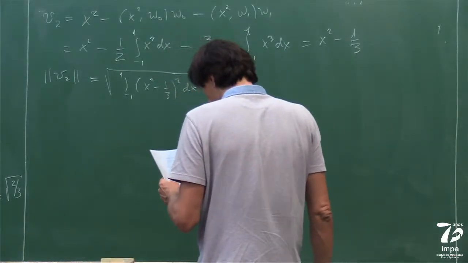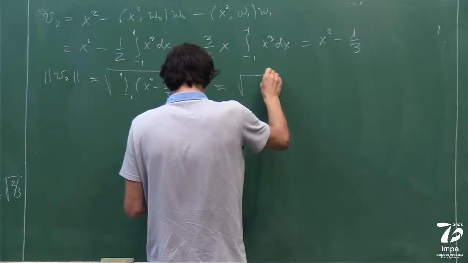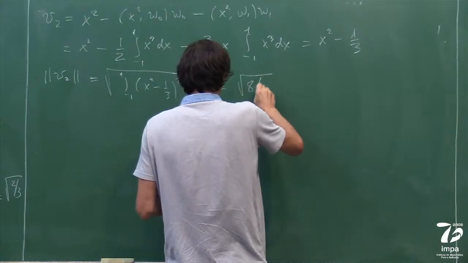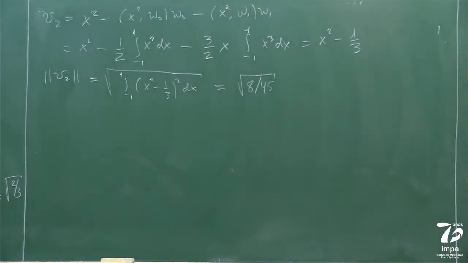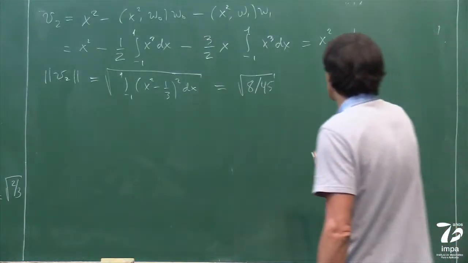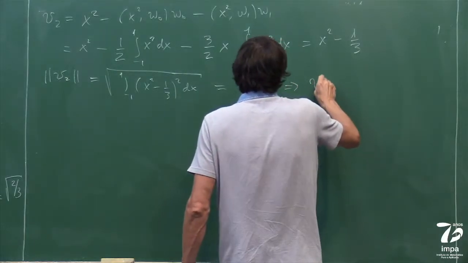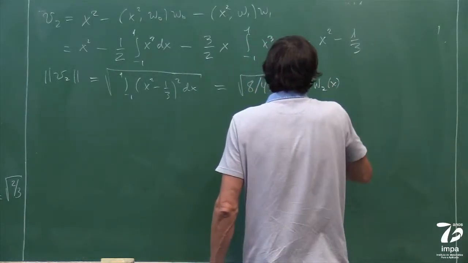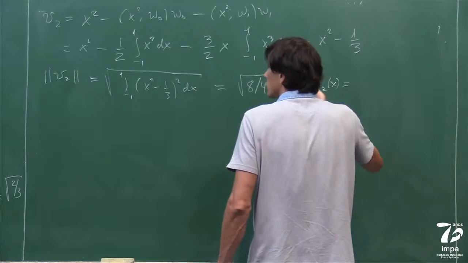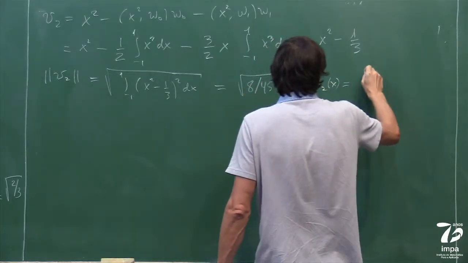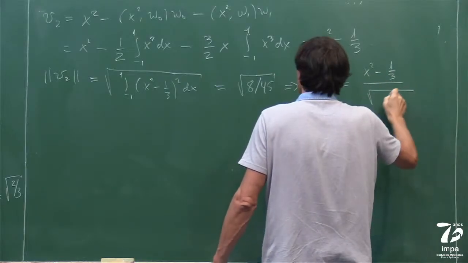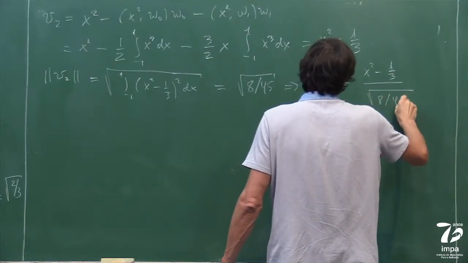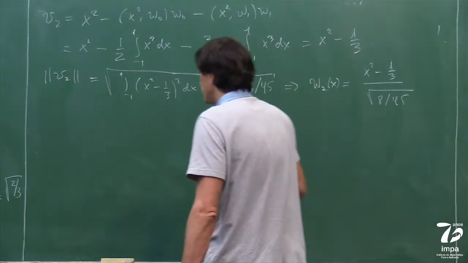So this should be the square root of 8/45. So that's a number. Which means that we found the next function, it is this. So, etc.